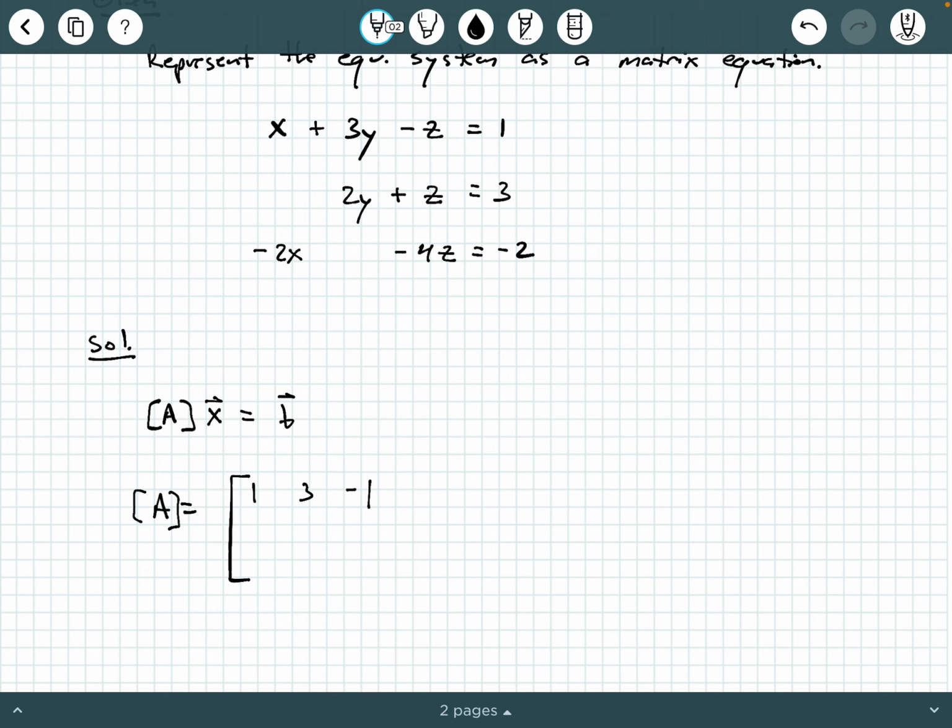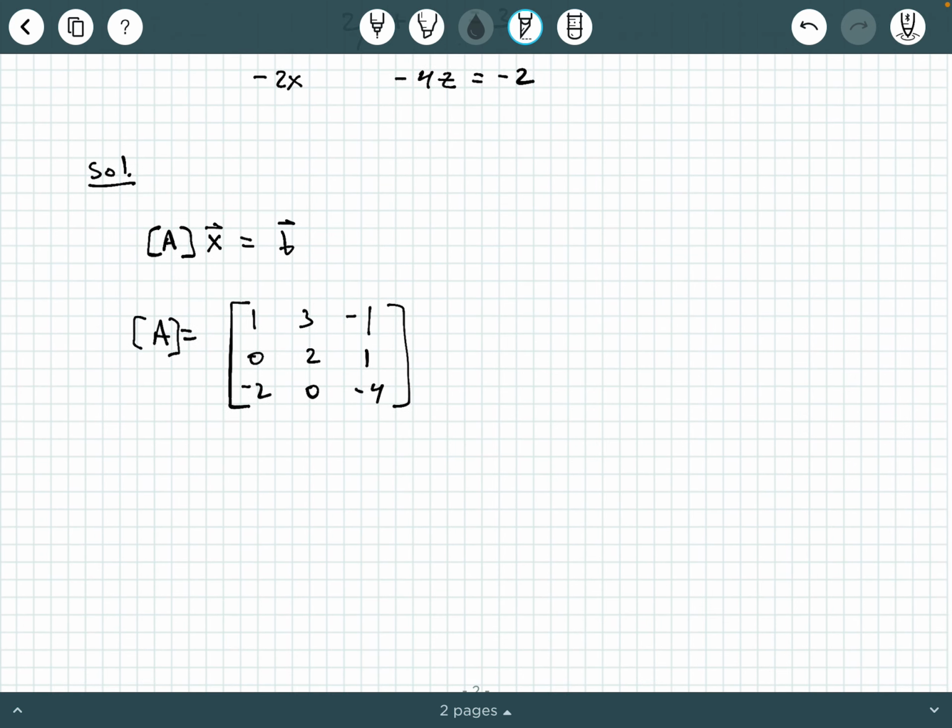And maybe pause the video and see if you can finish it off. Pause the video because I'm going to tell you the answer now if you want to do it on your own. 0, 2, 1, negative 2, 0, negative 4. So again, this 3 by 3 matrix A, all of its entries are the coefficients of my 3 variables, okay?